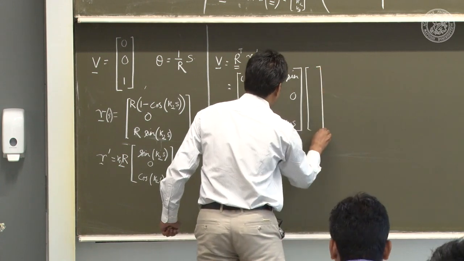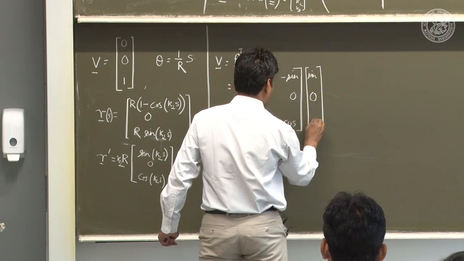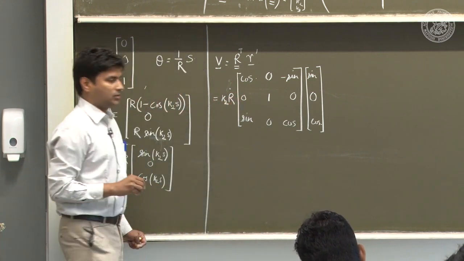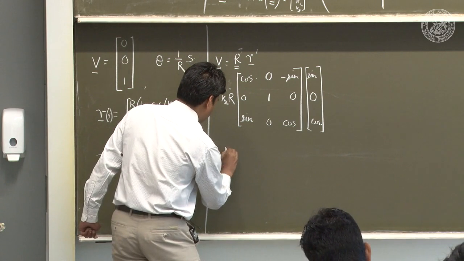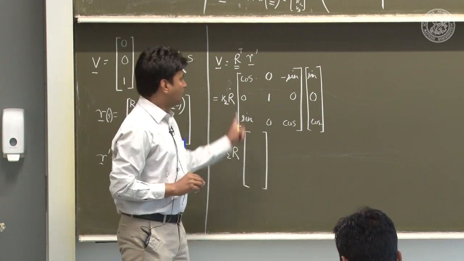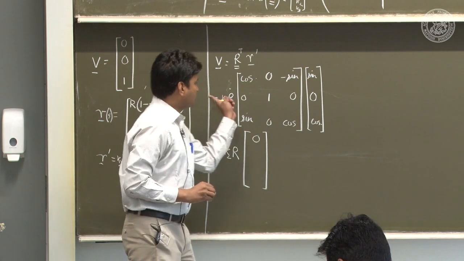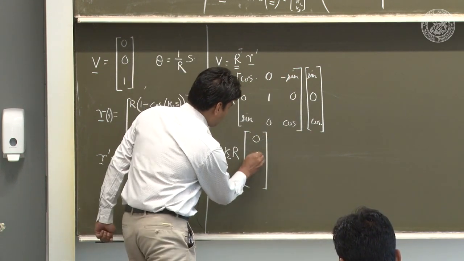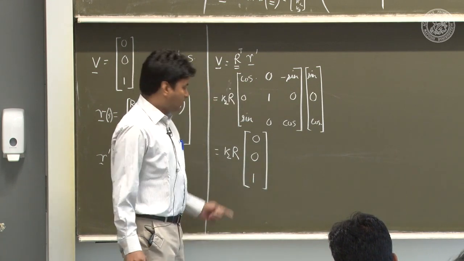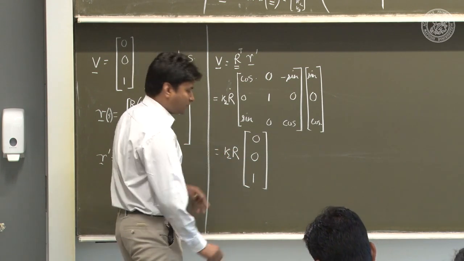You multiply this with little r prime, with kappa 2 times R in front. Working out the multiplication, you get 0, 0, and sine squared plus cosine squared, which is 1. Since big R is 1 over kappa 2, this also becomes 1.